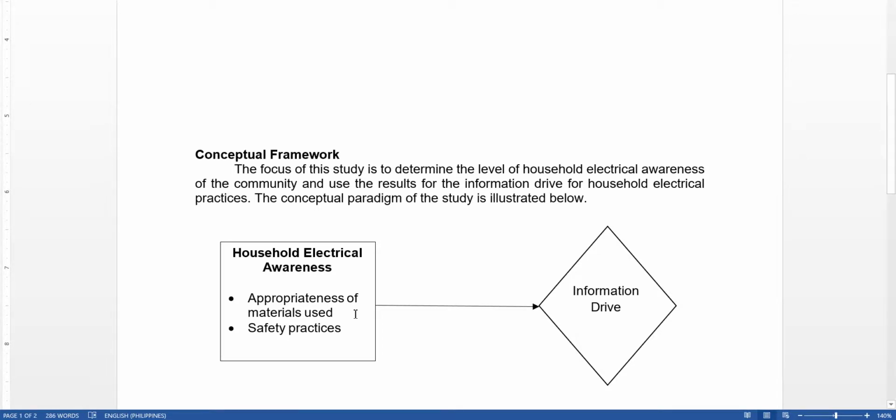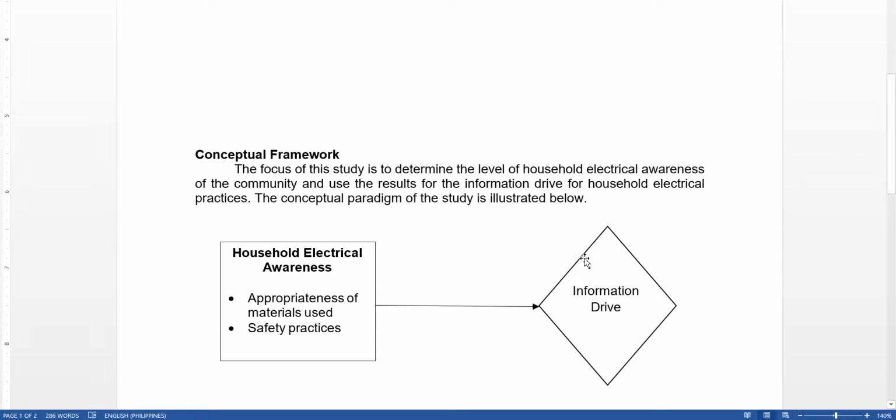Now, whatever the results in the level of awareness in this study, this will become the basis for the information drive. So as we can see here, we have two kinds of shapes being used in the conceptual framework. The first one is the box or the rectangular box, which emphasizes the independent variable of this study.